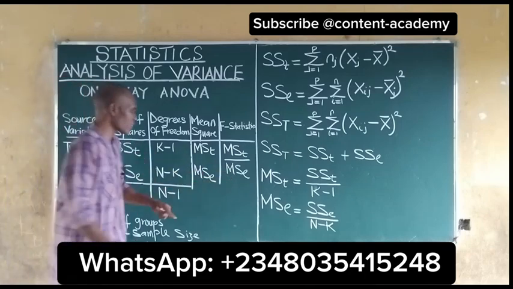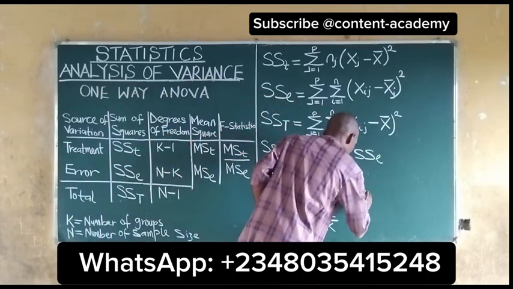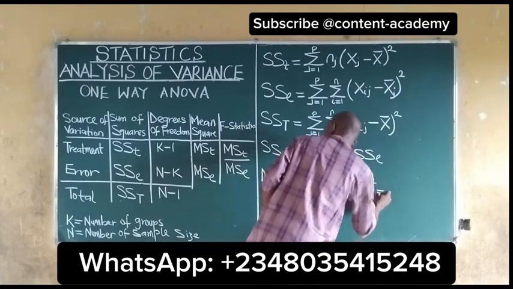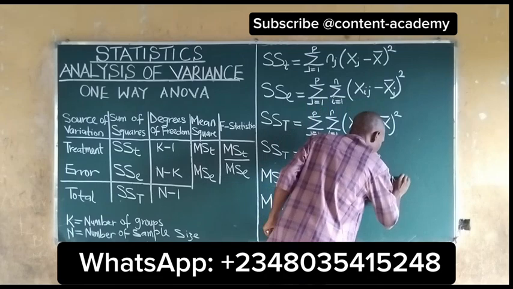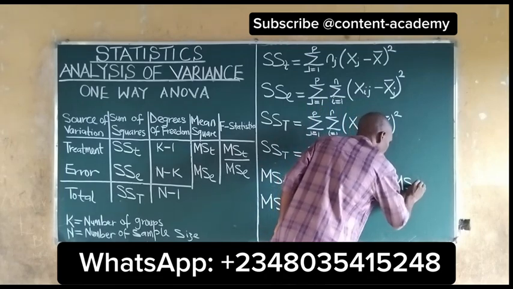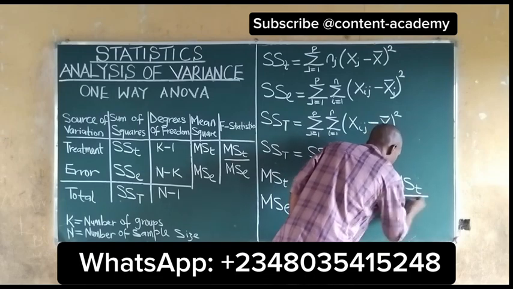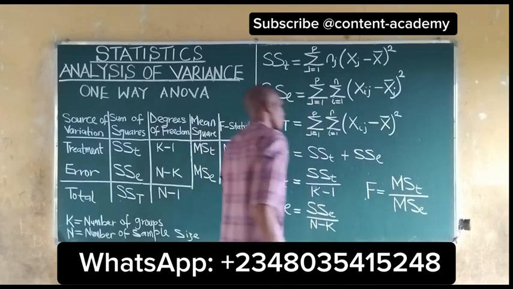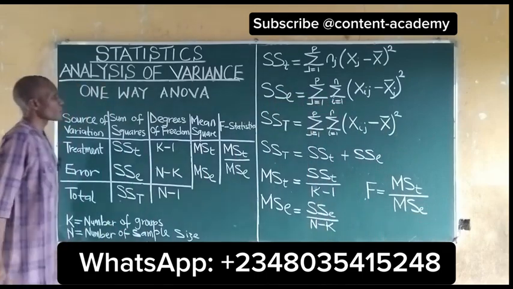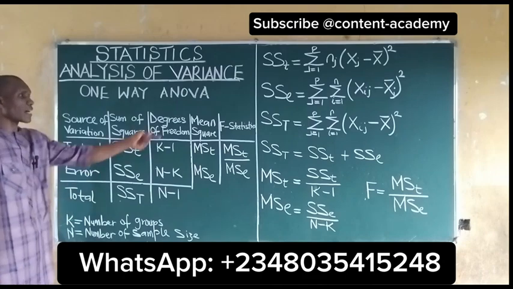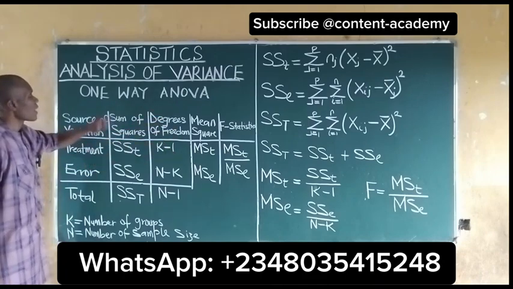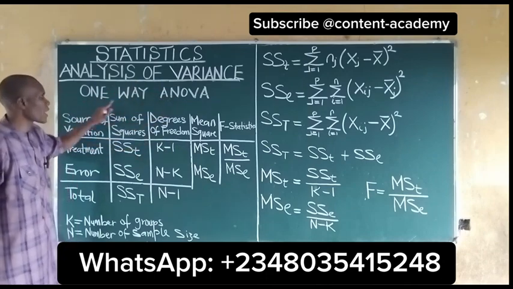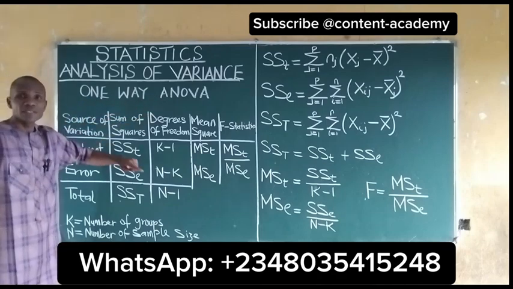How do we obtain the F statistics? The F statistics is equal to the value of the mean square treatment all over the value of the mean square error. So this is just how we can calculate the analysis of variance for the one-way ANOVA table.